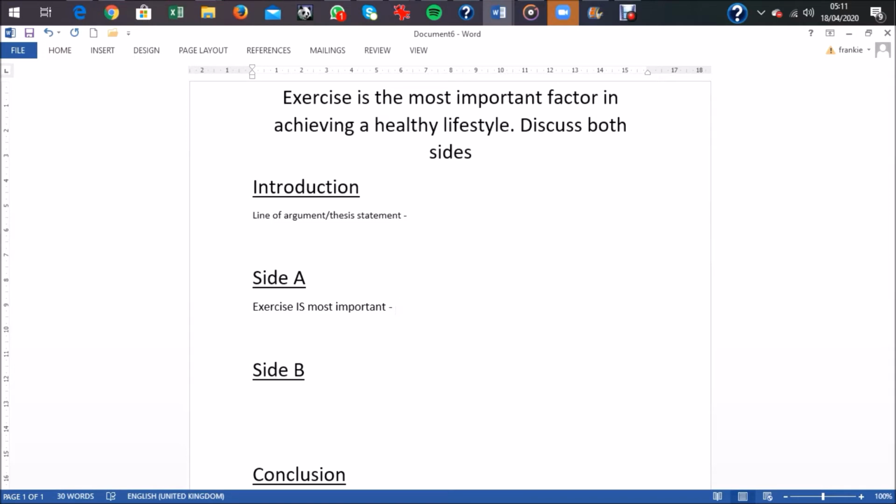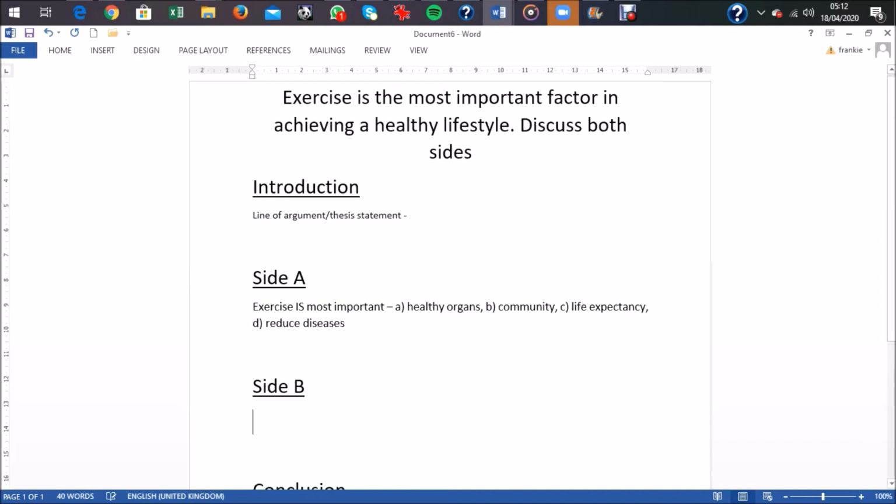So you might say healthy organs, you might say community, you might say life expectancy, reduces diseases. So you're just rattling off some ideas here.